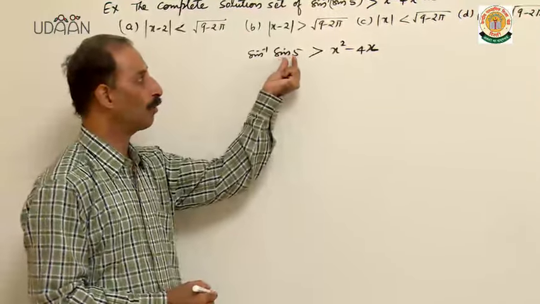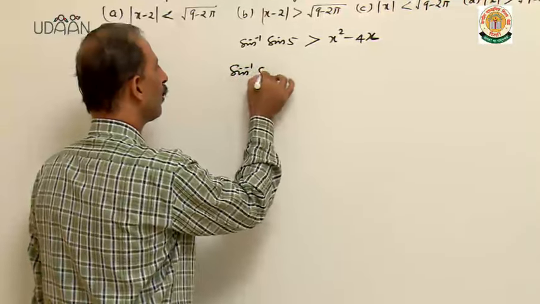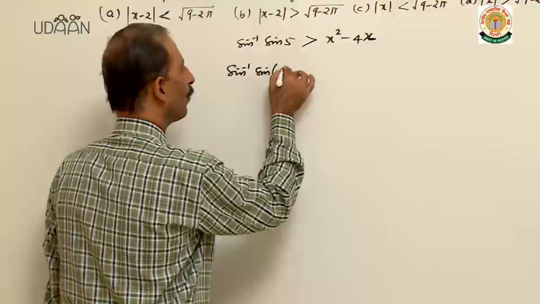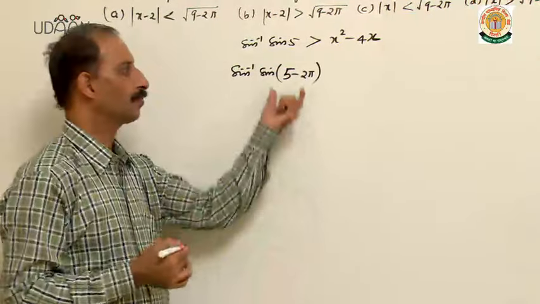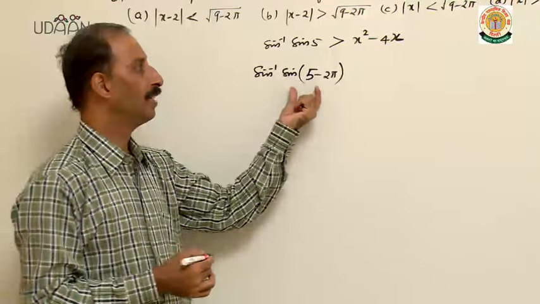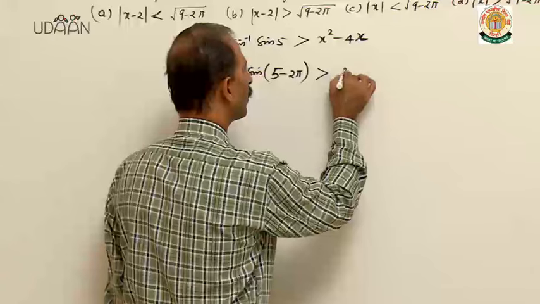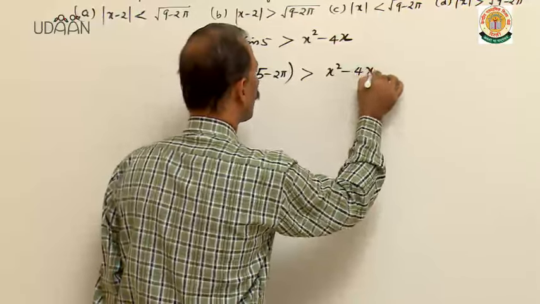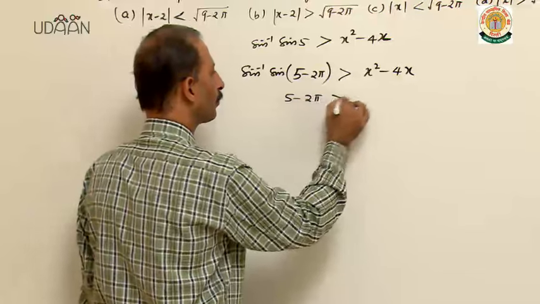So first of all, convert this. We can write sin inverse of sin of 5 minus 2 pi. Now you can see this value lies in the interval minus pi by 2 to plus pi by 2. So this value becomes 5 minus 2 pi.